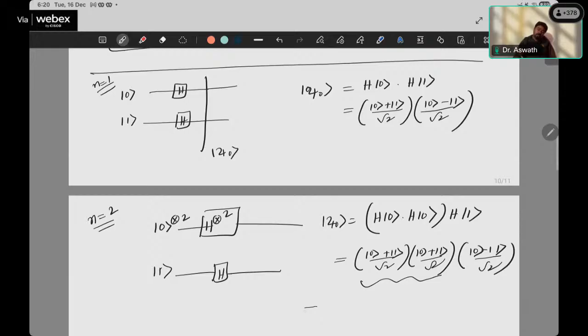This quantity gives 0 0 plus 0 1 plus 1 0 plus 1 1 divided by 2. You can derive the other cases also.